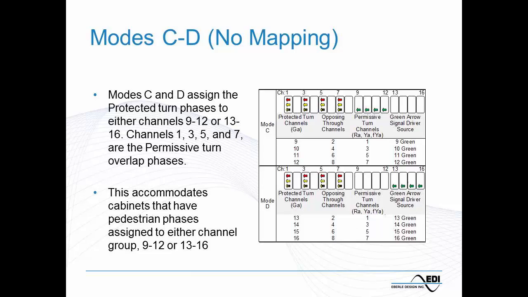Perhaps we don't have to pull as many new wires, or there may be some physical condition in the cabinet that makes this a better choice. But operationally, it's the same operation. All right, so A and B, C and D, B being the most popular or the most common mode to use.